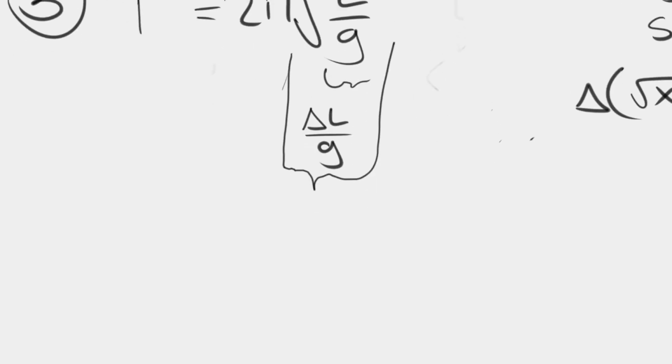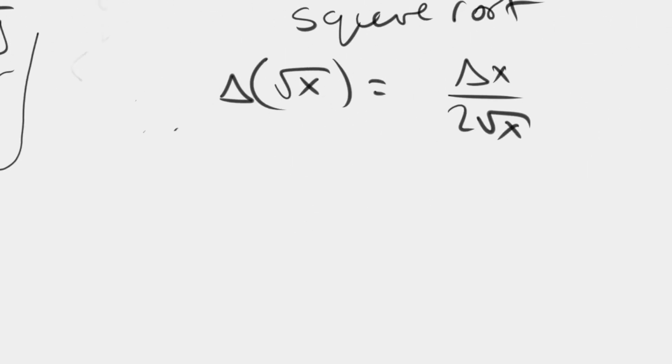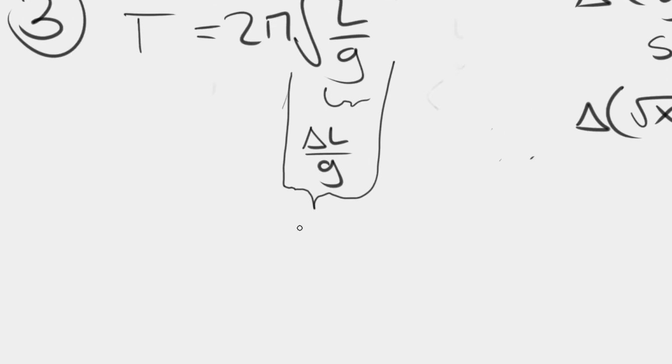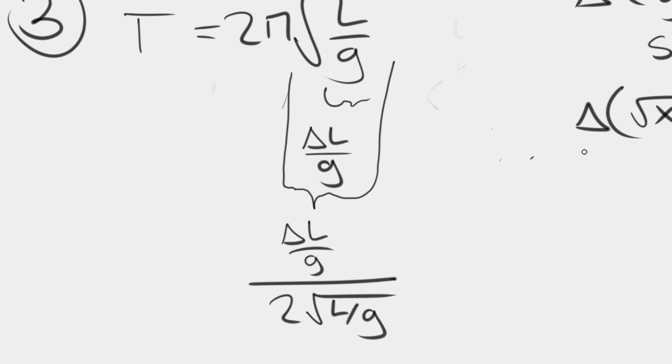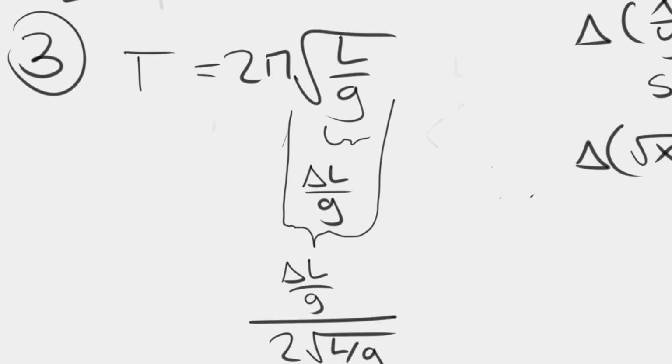Okay, the uncertainty of that thing would just use this square root rule. So we would have the uncertainty of whatever's inside, so L over g, divided by 2 times the square root of whatever's inside, so that's L over g. Let's clean this up a little bit.